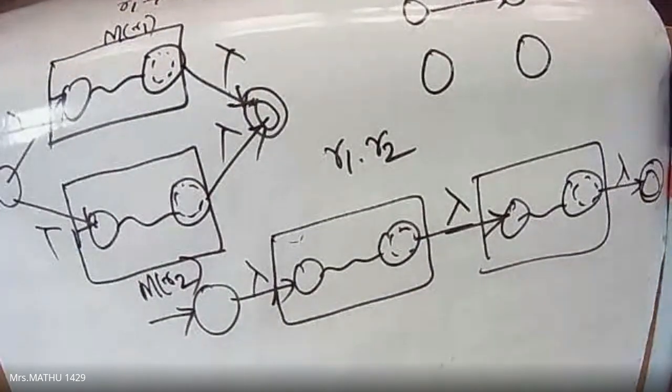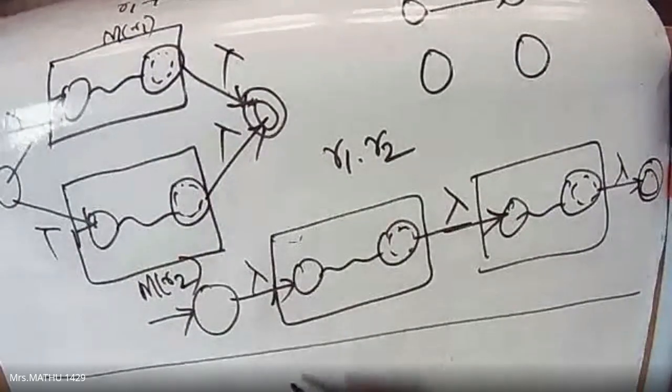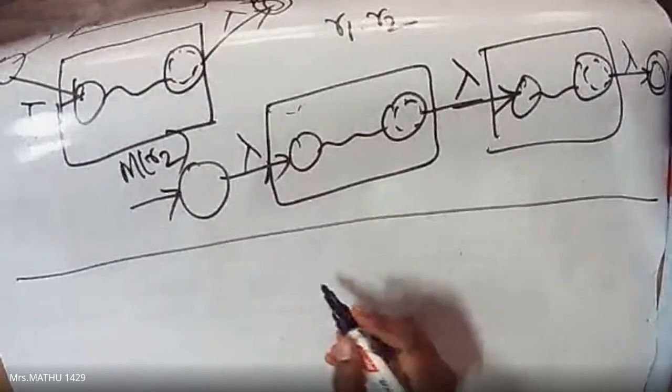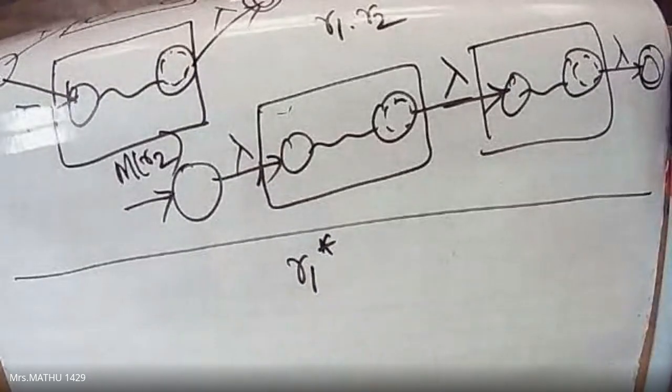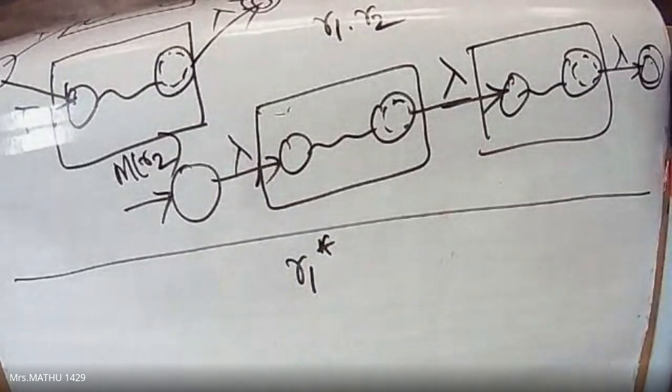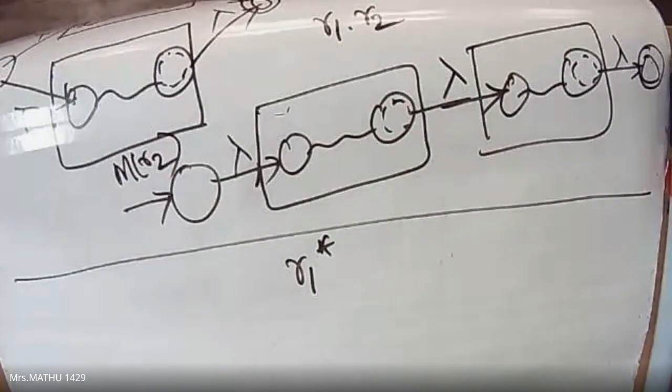Now we will continue with the next one, R1 star. What is the meaning of star? It means it occurs 0 or more number of times. The regular expression may repeat 0 or more times.